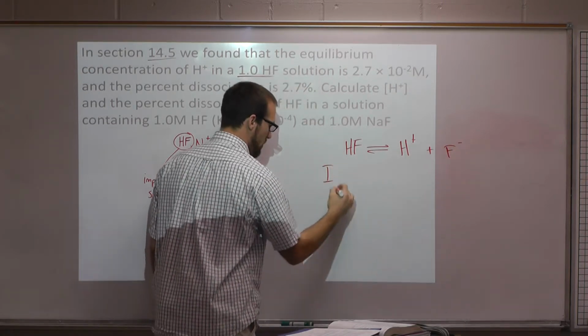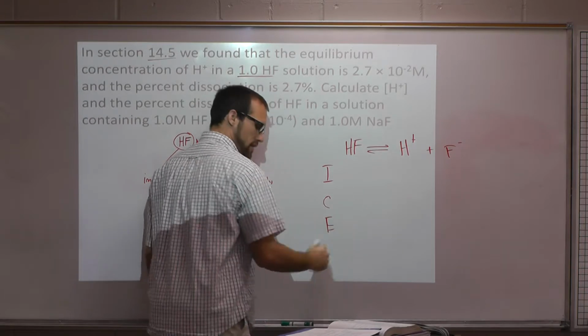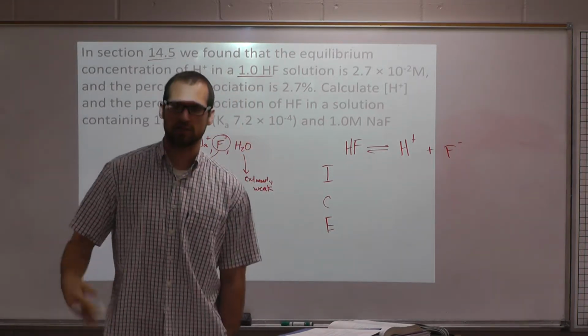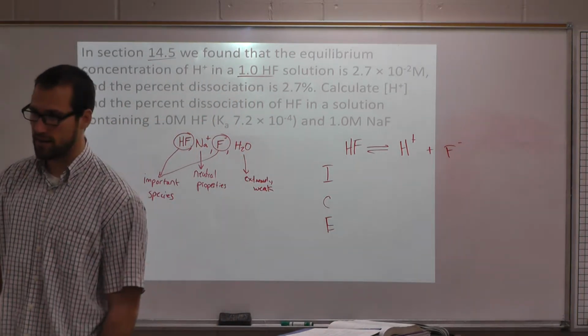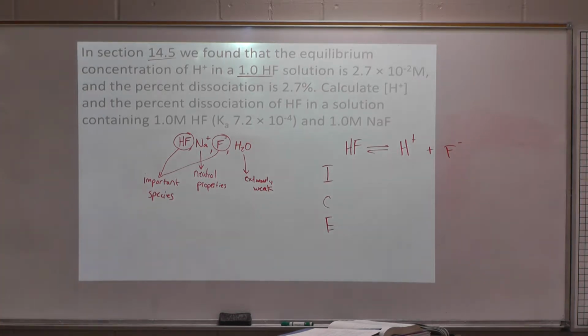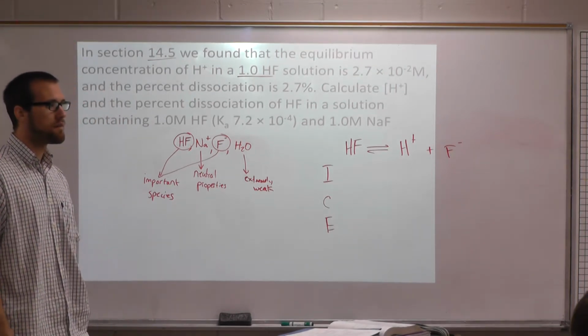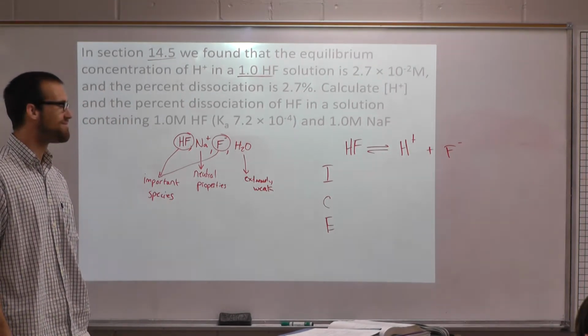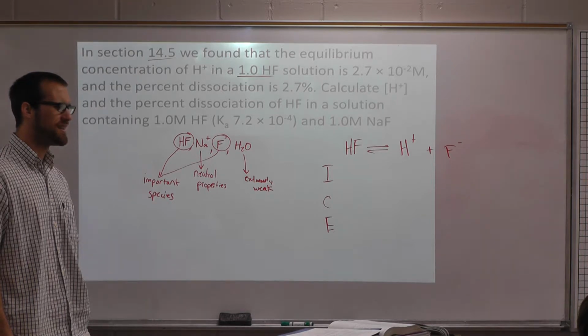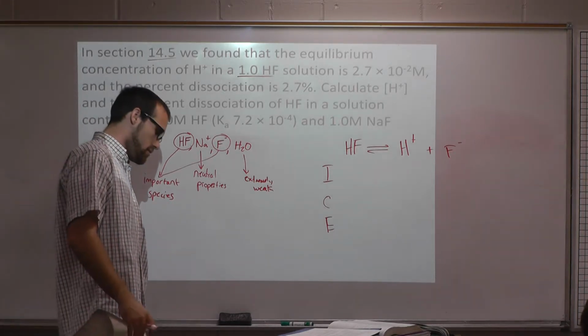Okay, we could set up an ICE table. Now normally we would write the equilibrium expression first and all that stuff, correct? But we've done that so much, I'm going to kind of just skip it. And then we get docked points on the test for not showing all the work.